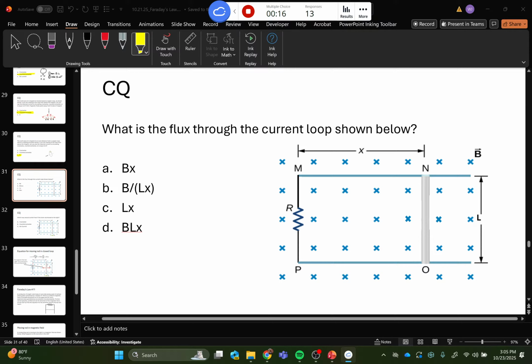So this is to derive the expression for the flux. Actually, dA is pointed out, or either into the page or out of the page.